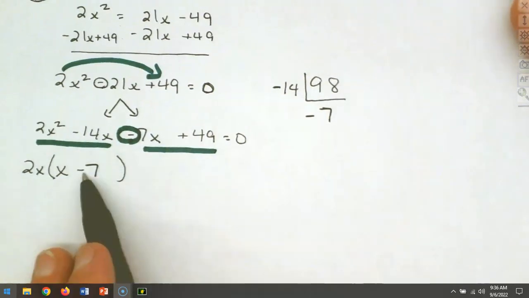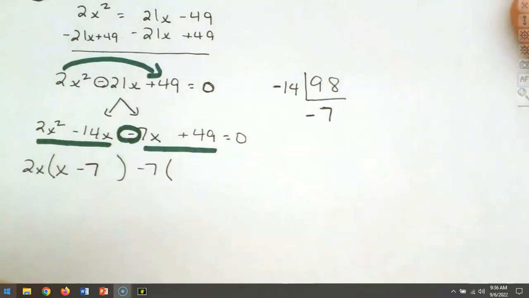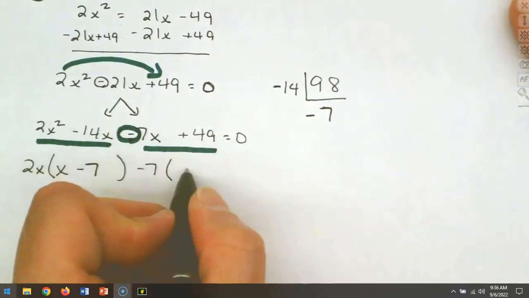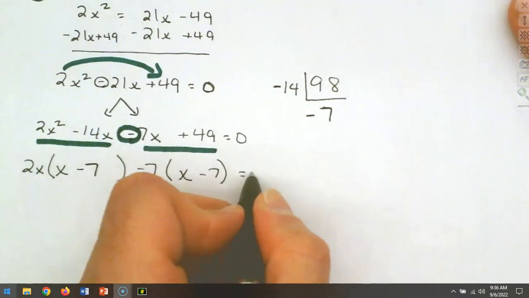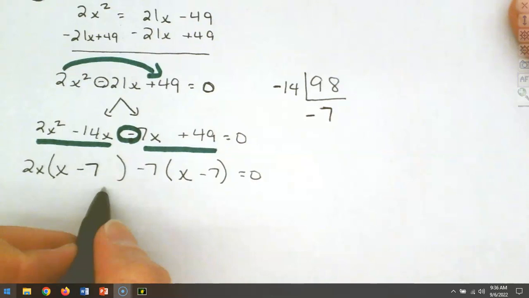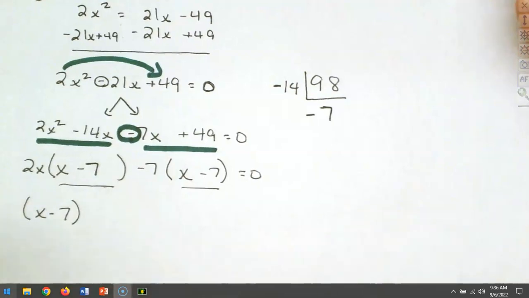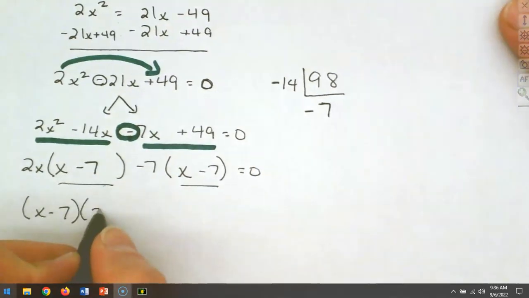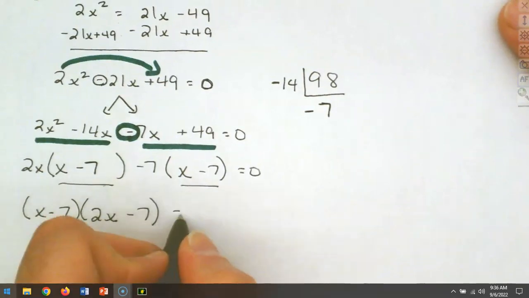And notice the 7 here is negative, so we're going to factor out a negative 7. And that's going to switch our signs, and that's going to make that x minus 7 in the parentheses. Those go together since they're the same. And now we have x minus 7 and 2x minus 7.